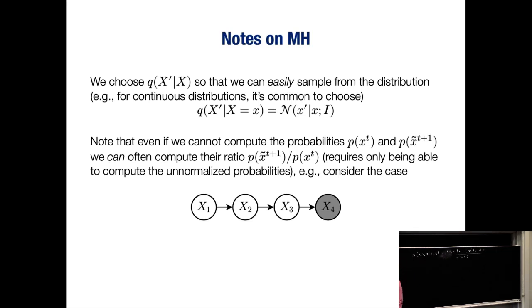The hard part is this sum over X1, X2, X3 of p of X1, X2, X3, and X4 equals 1. The other terms are given by the actual formula of the network, so we can compute them easily, whereas this one is hard. When you compute the ratio, these terms cancel, and it ends up being quite easy.